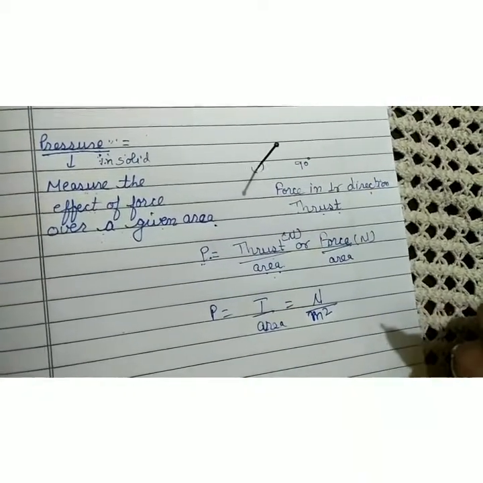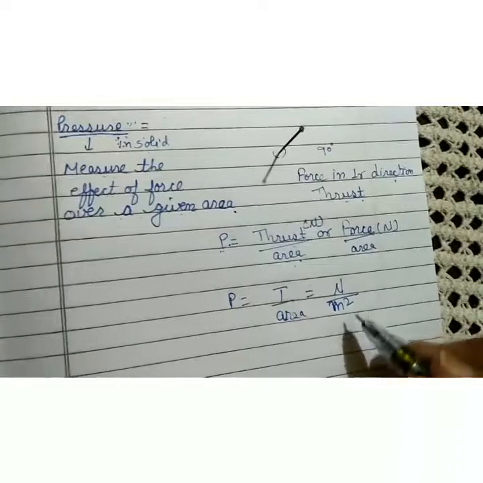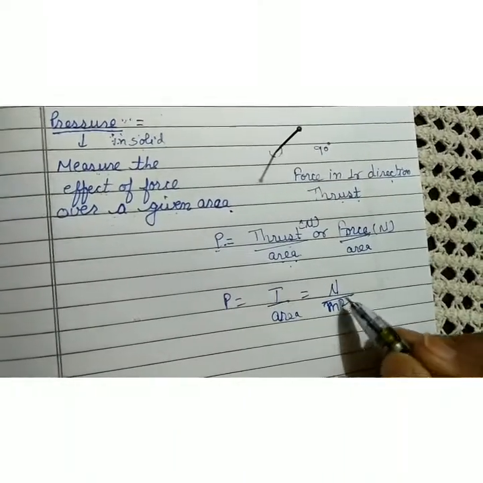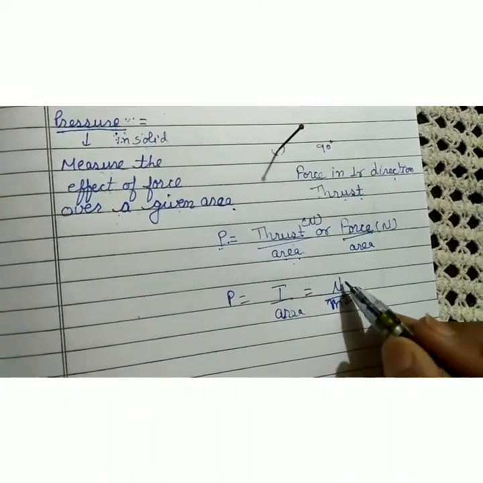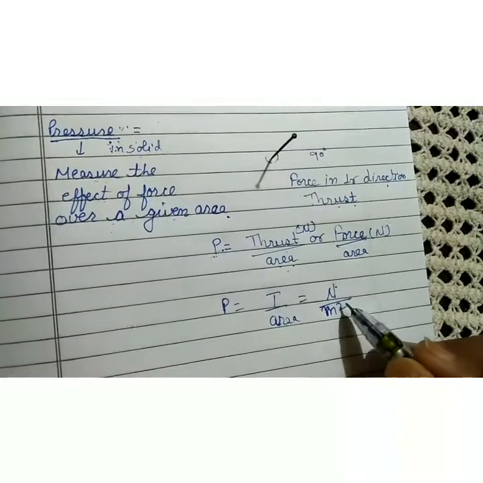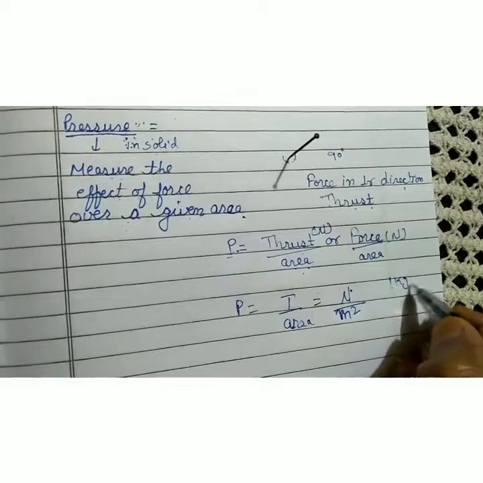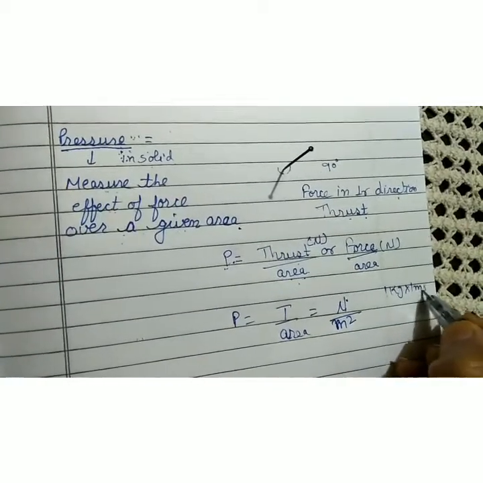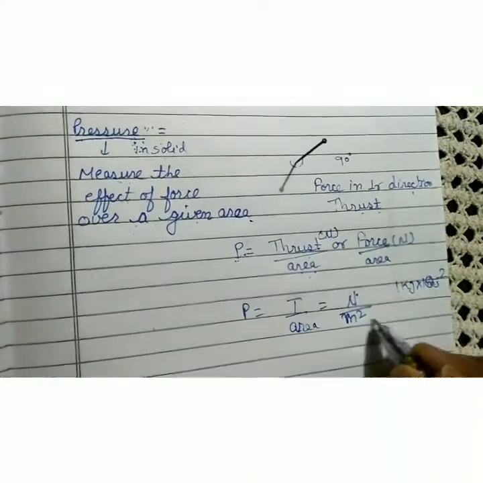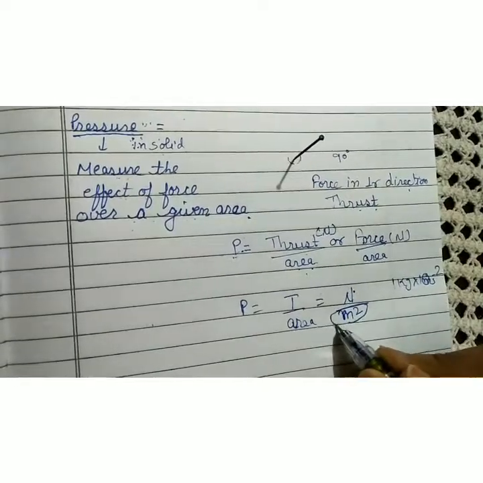You could consider centimeter square, but we are not considering centimeter because Newton is an SI unit, defined as 1 kg multiplied by 1 meter per second square. Since we have meter here, we are considering the area in meter square.